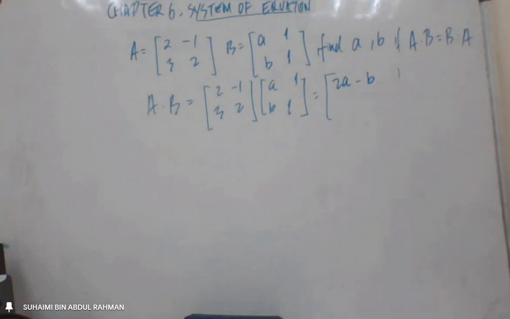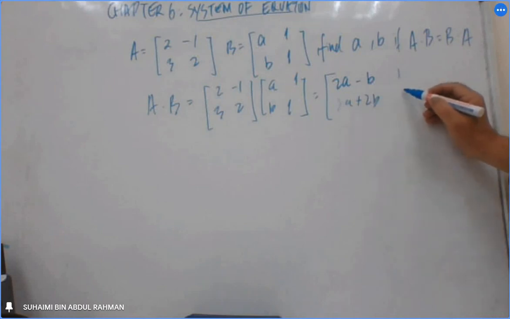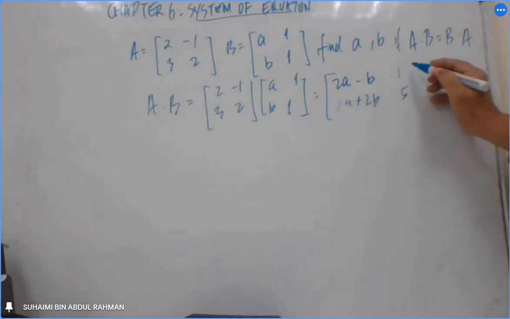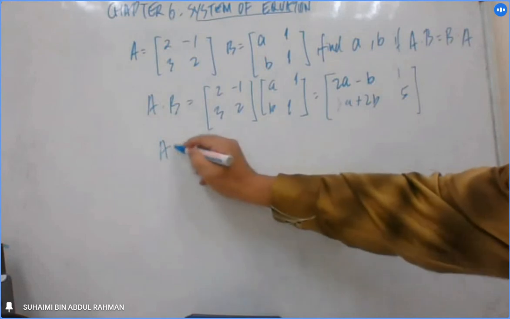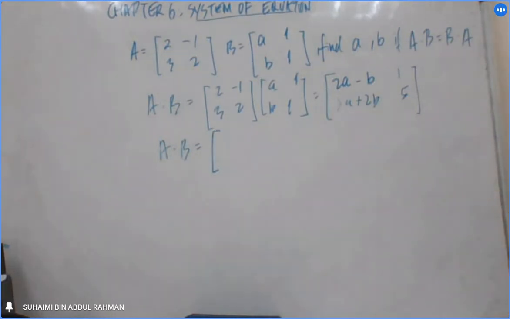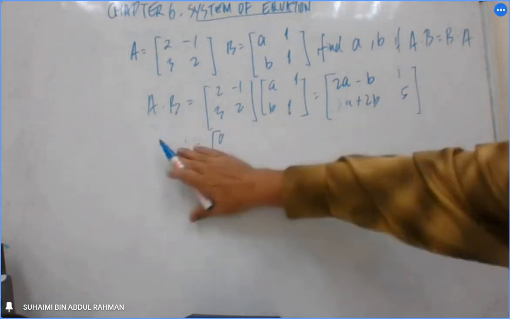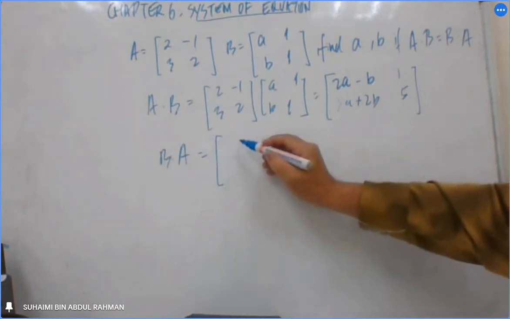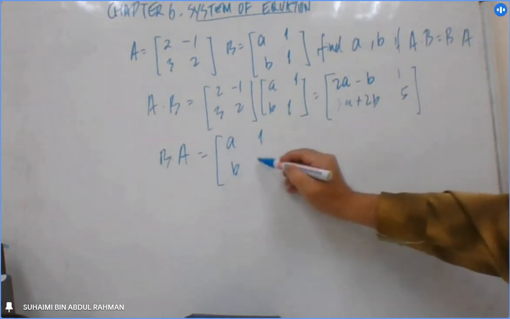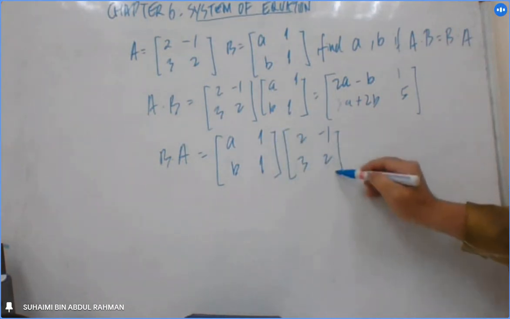Then 3A plus 2B, and 3 plus 2 is 5. Now B multiplied by A is A, 1, B, 1 times 2, minus 1, 3, 2.